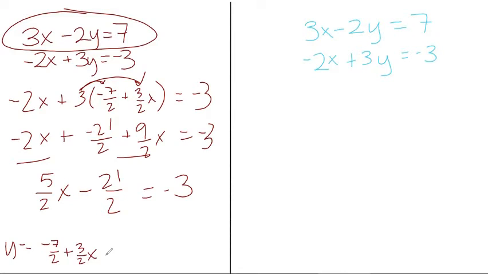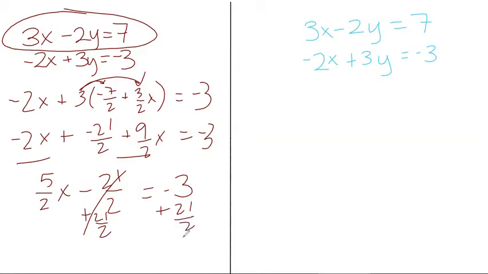And now to solve this problem, we just need to add 21 over 2 on both sides. That cancels it out.